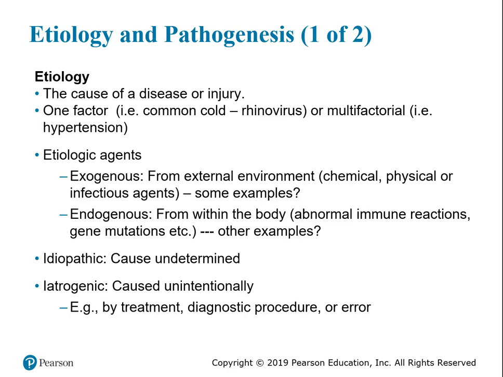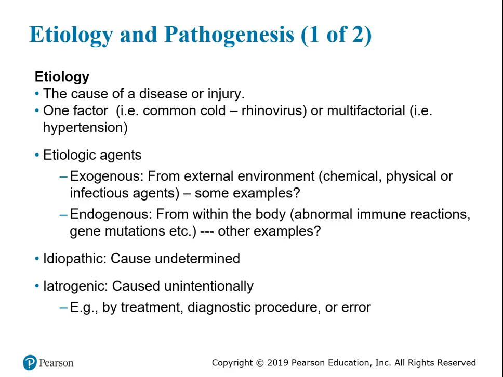I mean, you can even think of stress in that. I guess you can think of stress as being both an exogenous and an endogenous agent, right? There's probably something in the environment that elicited or activated some sort of stress response, but really that stress response is happening internally, and that's what then could contribute to disease.